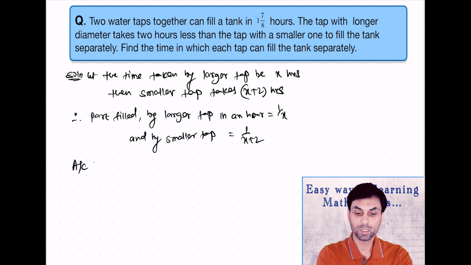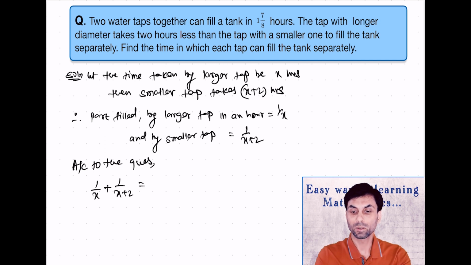Now according to the question, in 1 hour the larger tap fills 1 by x part plus the smaller tap 1 by x plus 2 part, and the total part here, if you check, is 1 and 7 by 8, that is 15 upon 8.